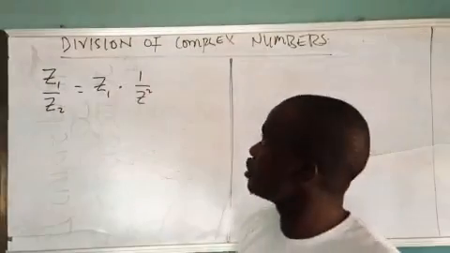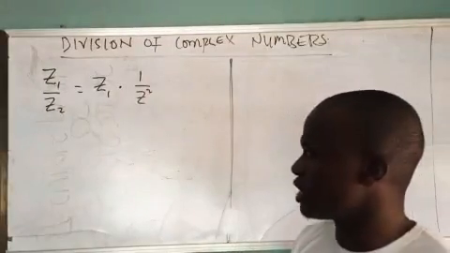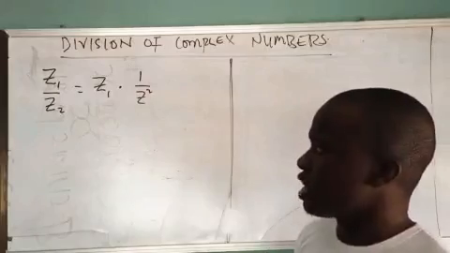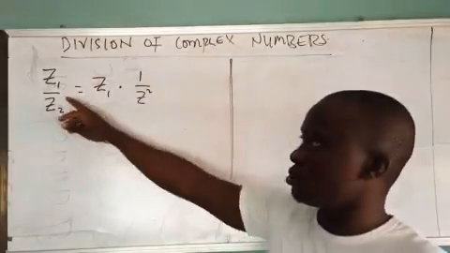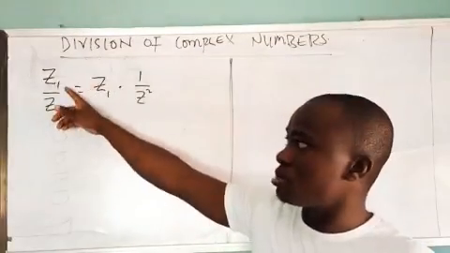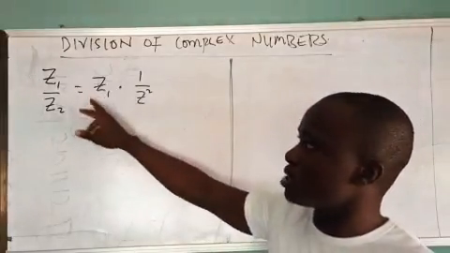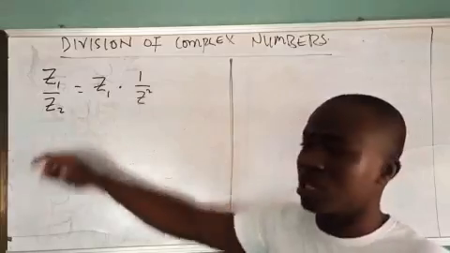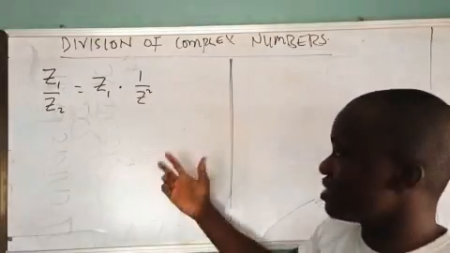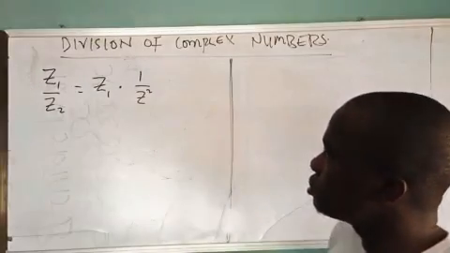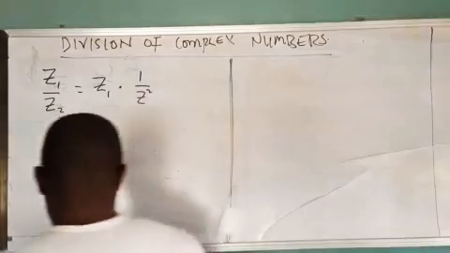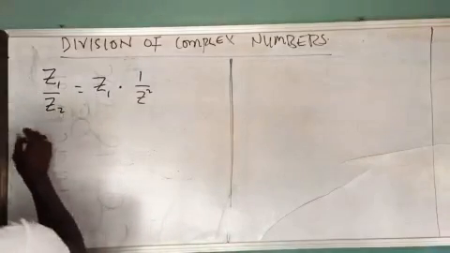That's the definition of division of complex numbers. If you are given any two numbers, where you represent one of them as z1 and the second one as z2, then it will be equal to z1 multiplied by 1 over the second one, that is z2.